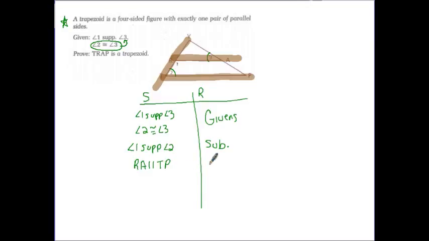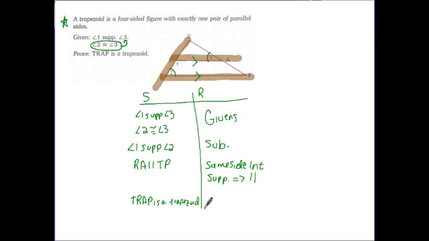If same side interior angles are supplementary, then my lines are parallel. Those arrows that I'm drawing on there actually signify parallel lines. So once I know that I have a pair of parallel lines, I can say I got a trapezoid. TRAP is a trapezoid.